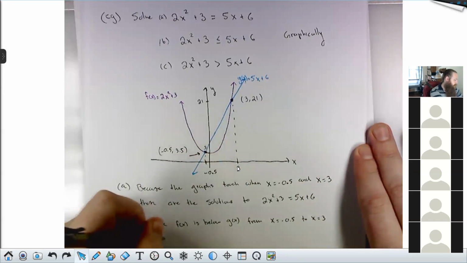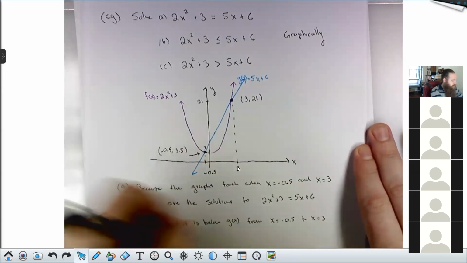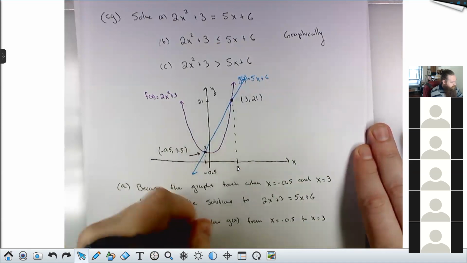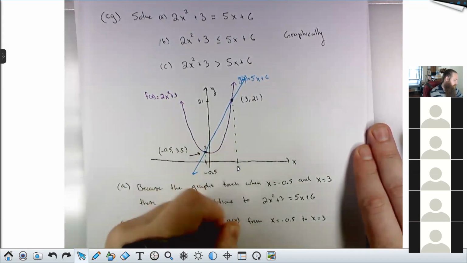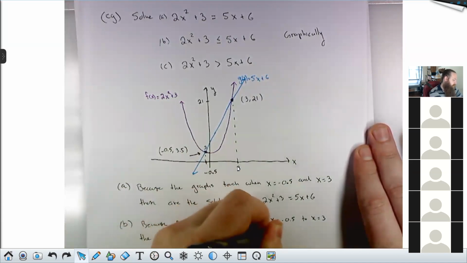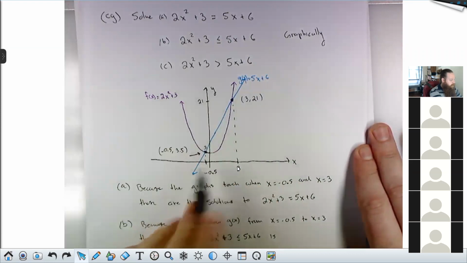The solution to 2x squared plus 3 is less than or equal to 5x plus 6 is the interval, right?